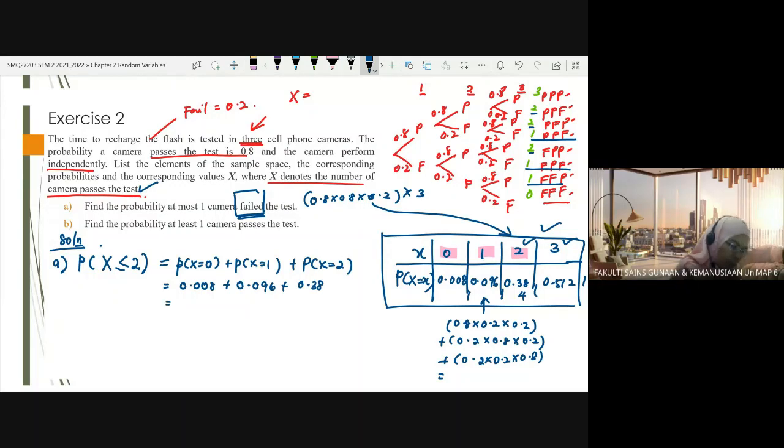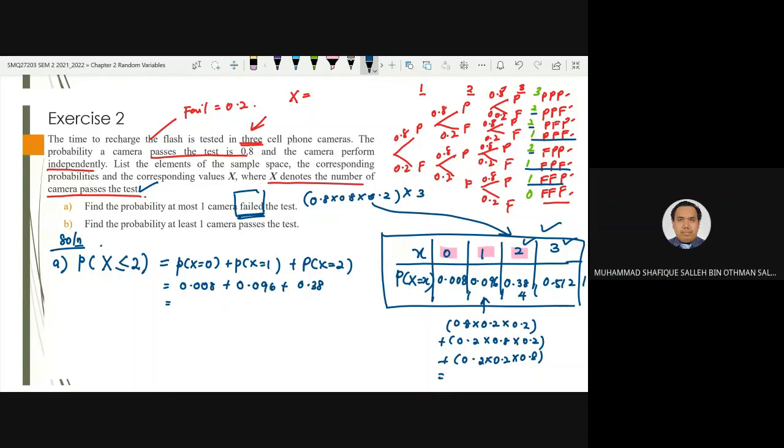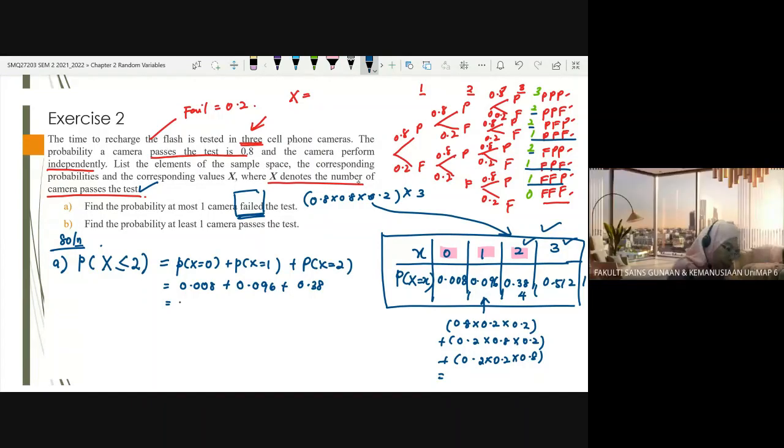So what will be the probability here, class? 0.484. If I take one decimal place, 0.5.